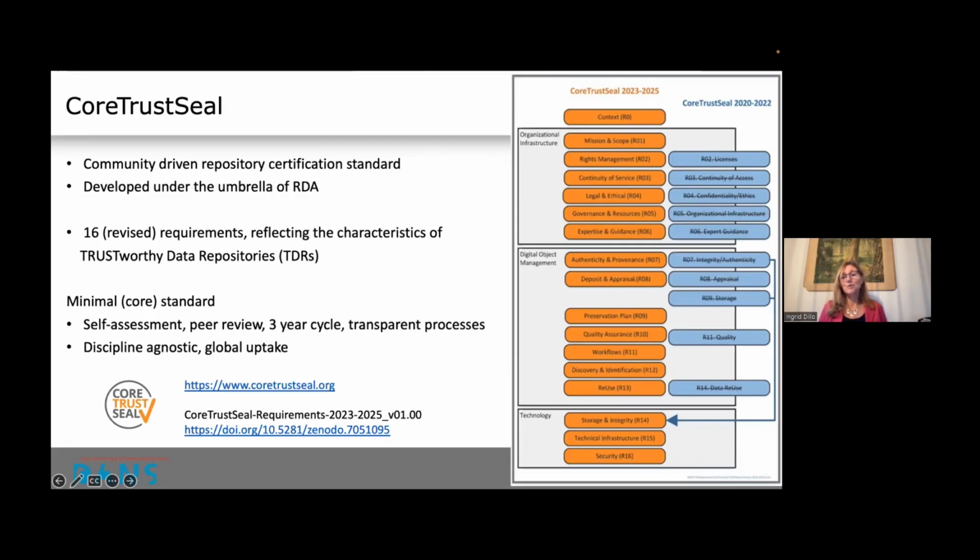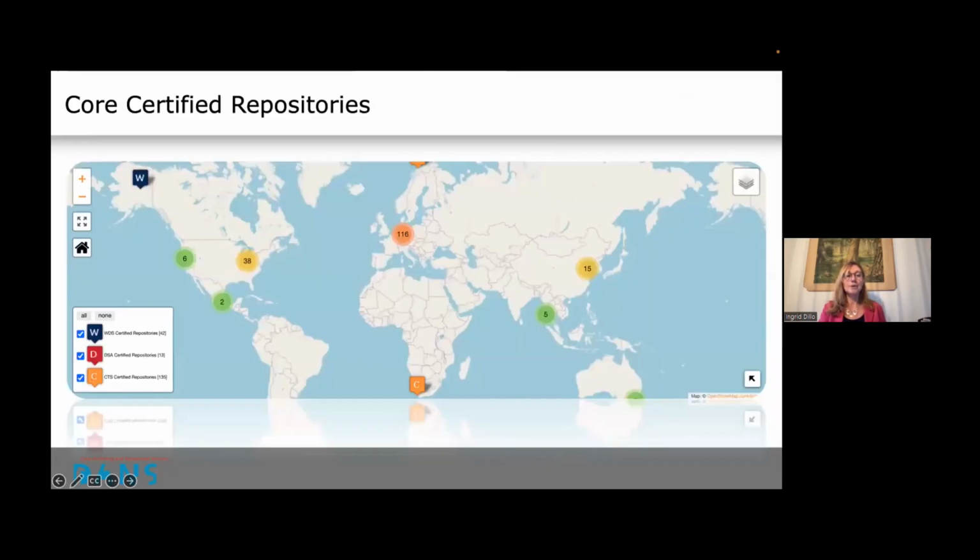And a repository can do a self-assessment against these 16 requirements that is then reviewed by peers in a 3-year cycle, and it's very transparent. Everything is openly available. This standard is discipline agnostic and has a wide global uptake. And you can see that here on the map. You can see that around the globe, we now have 135 CoreTrustSeal certified repositories. So that is quite a number, and the number is rising pretty fast.